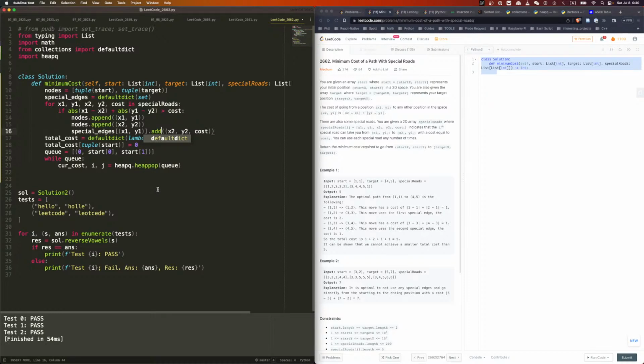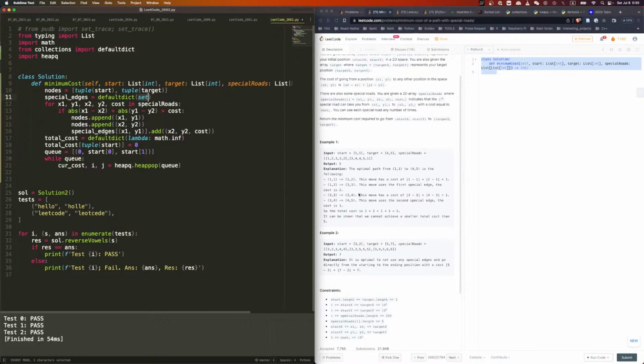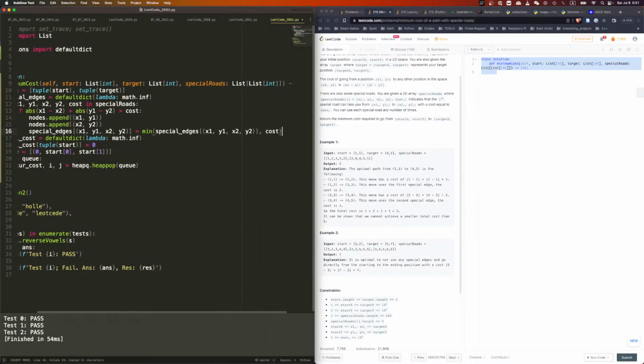You go through everyone, and if it's possible, so special edge x2, y2 equals minimum, whatever this is, cost.